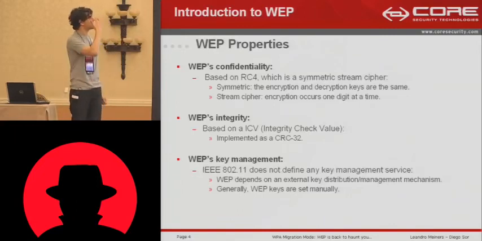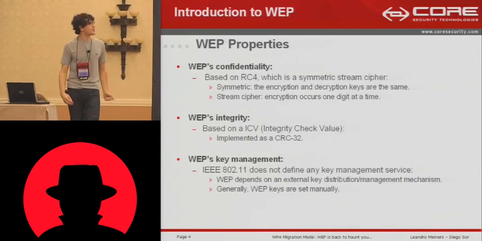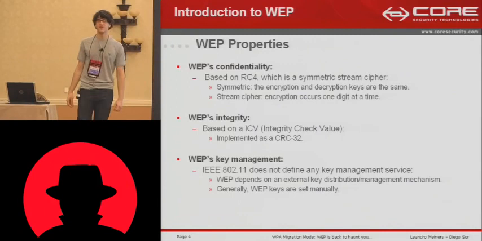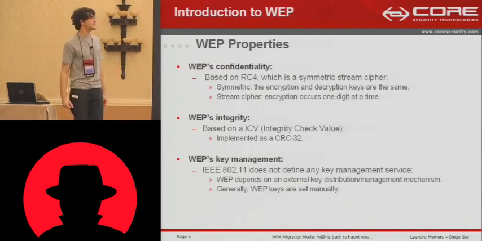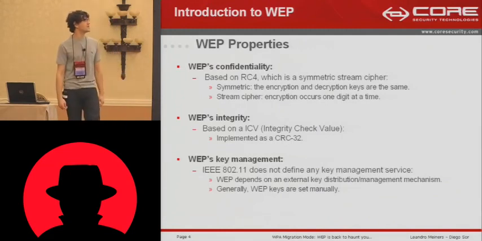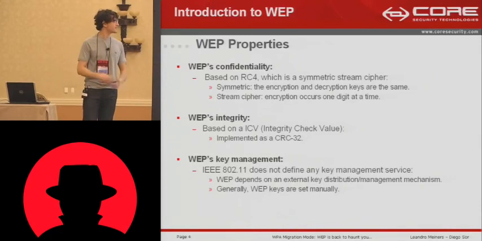Then it includes something they call the ICV, which is the CRC32 of the plain text message. This is the integrity check value, which is transmitted in order to ensure the integrity of the packet.